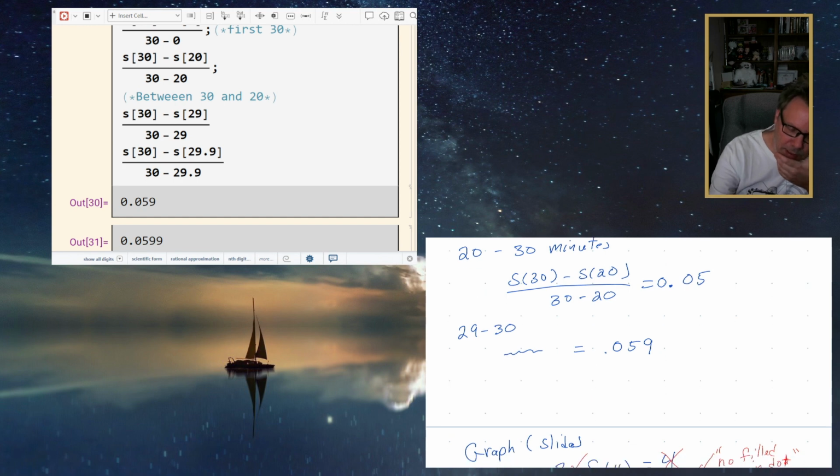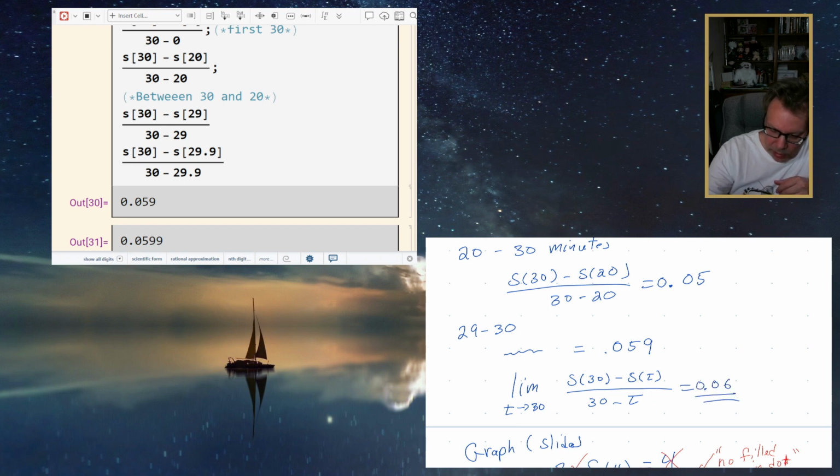So I think, looking at this, the limit, well, usually we write limits just with lim, as t approaches 30 of this expression, and now notice that I'm putting a t in there instead of a time, and letting t get very close. I think this is going to be 0.06.